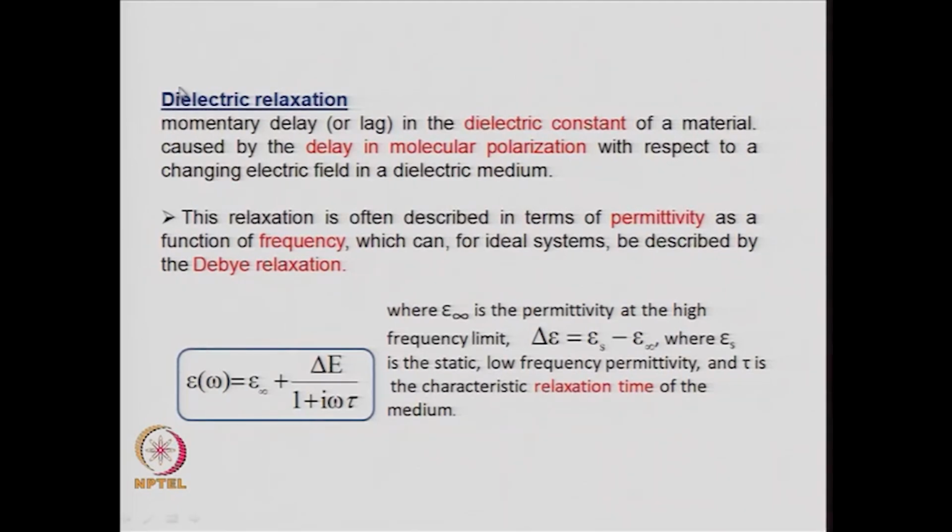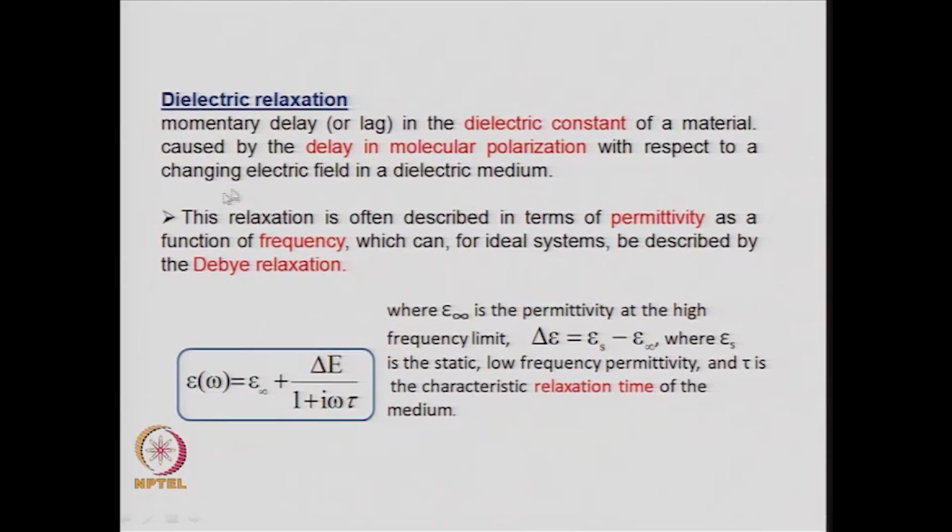Now, in dielectrics there is also something called the dielectric relaxation, and the dielectric relaxation is the delay or lag in the dielectric constant of a material due to a delay in the molecular polarization when you are changing the electric field.